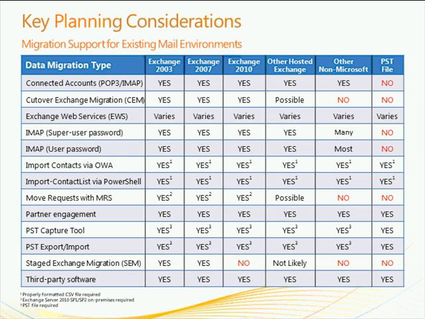One of the longest lead time items with an Office 365 for Education deployment is data migration. So this is a very busy slide, but hopefully it'll be useful to you as a matrix, something to come back to later, to have a quick overview of some of the different data migration options that are available from various source email systems.